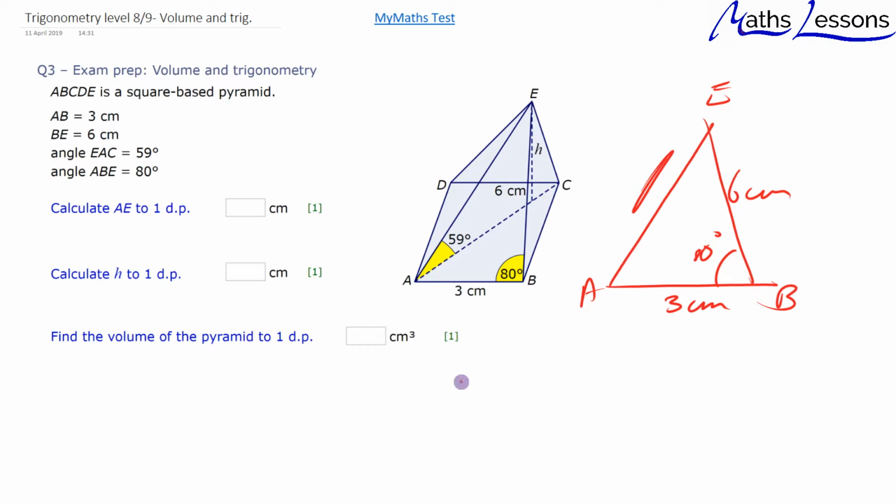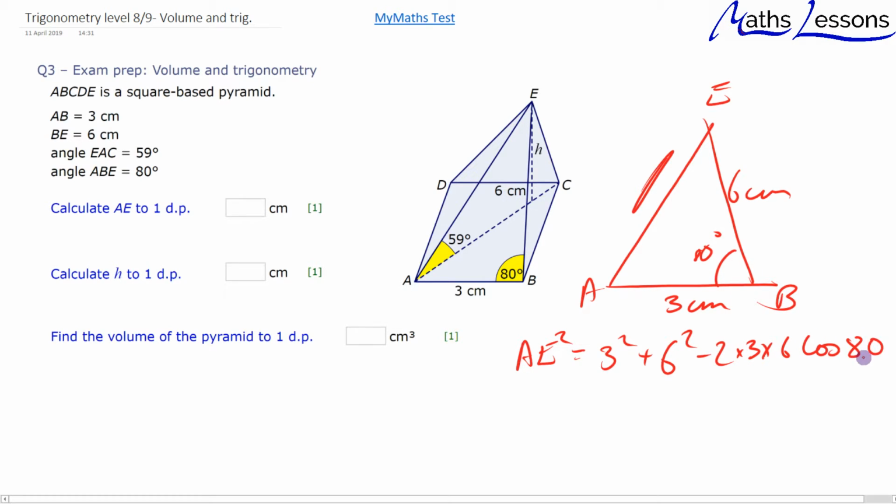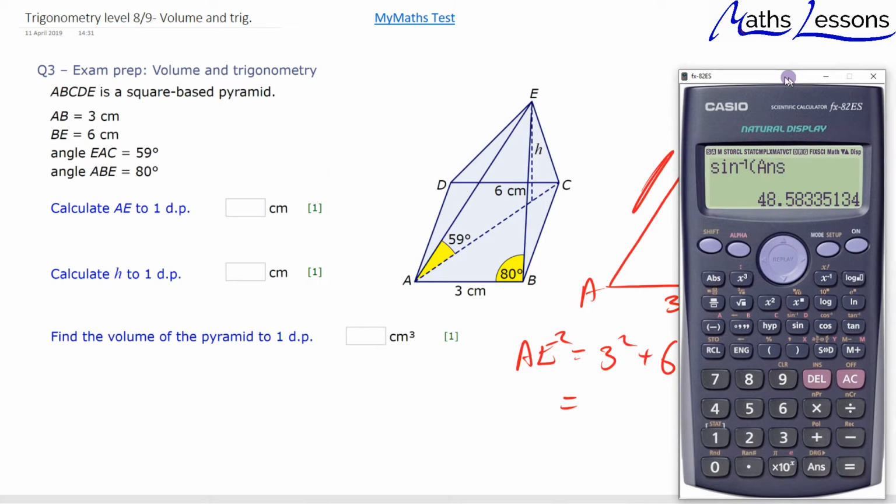So we know that AE squared will equal 3 squared plus, sorry, not 8, 6 squared, minus 2 times 3 times 6 times cos of 80. So we just type that all into our calculator. Let's grab the calculator. Just move it so we can see it.